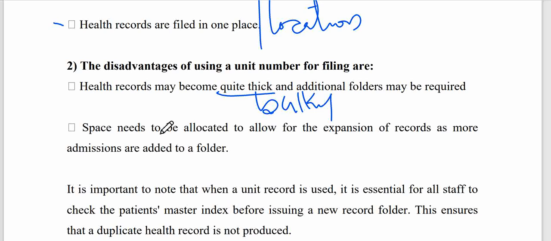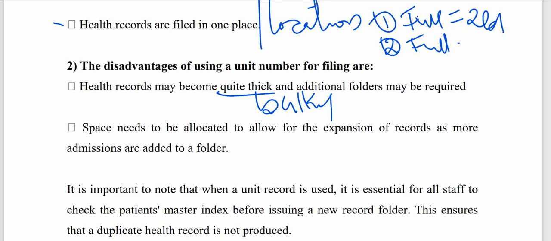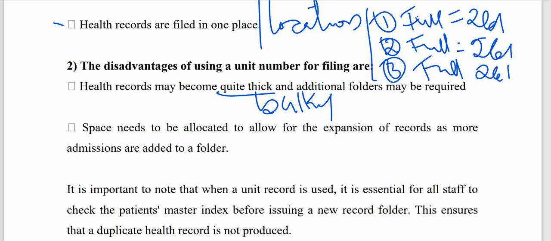Let's say the patient started with admissions and the first file is full. You're supposed to open another file. So we'll name that one file 2, yet it is bearing the same number 261. Now this is file 2. It also gets full again, bearing the same number. You open another file, file 3. It fills again, still bearing the same number. Which means you're supposed to keep them together within the same area.